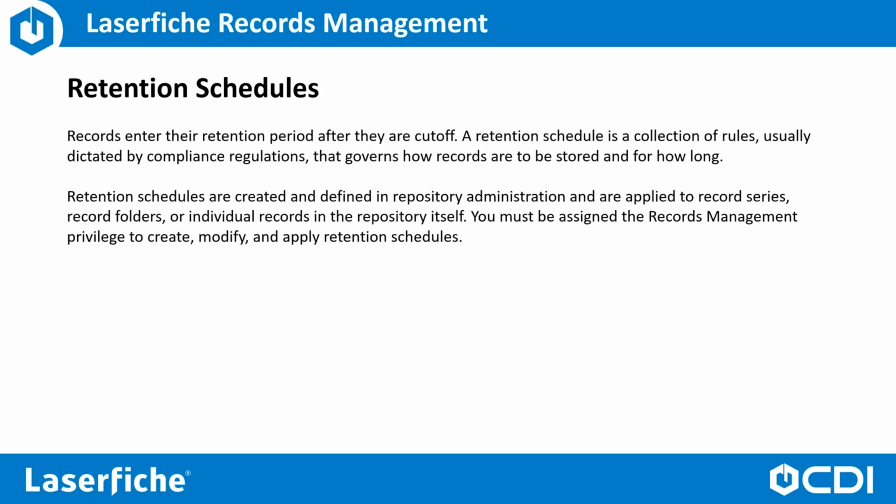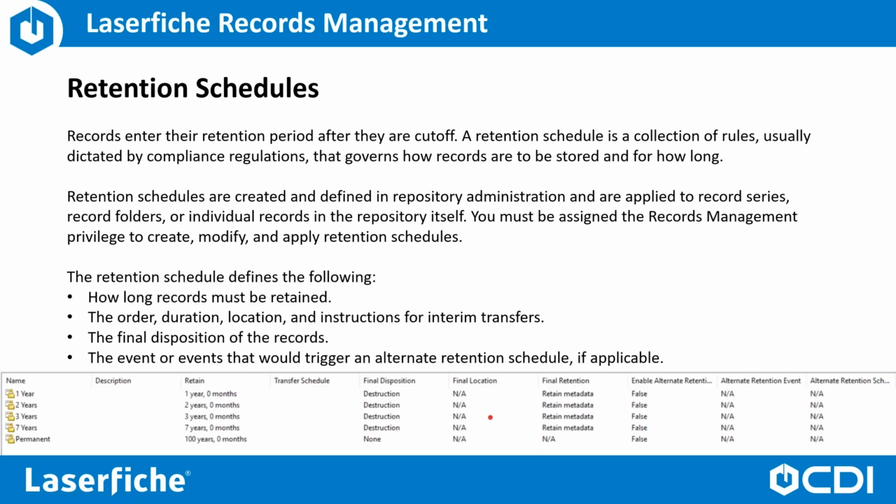Let's talk about retention schedules. Like we said, it is merely a collection of rules, and those rules are going to define how these records are maintained. What you'll see here, for instance, down at the bottom, is you've got the name of the rule, you've got a description, how long you maintain it. If there's a file transfer, a disposition at the end, and do we retain the metadata, all those various things.